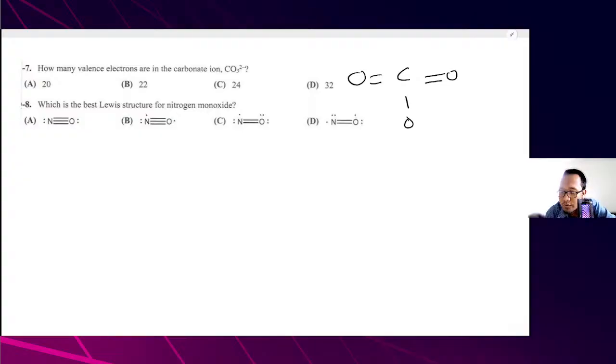Okay, so 1, 2, 3, oh, CO3. Okay, might be just one. Like this, right? 1, 2, 3, 4, 5, 6, 7, 8.